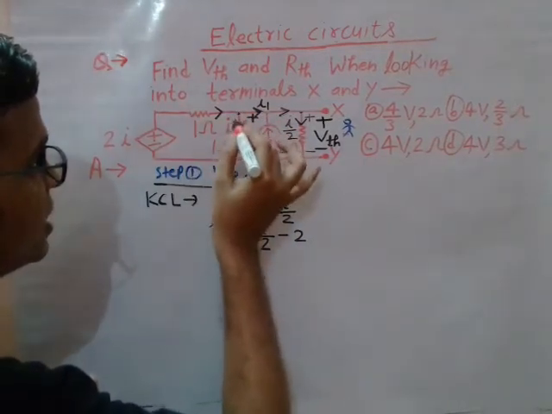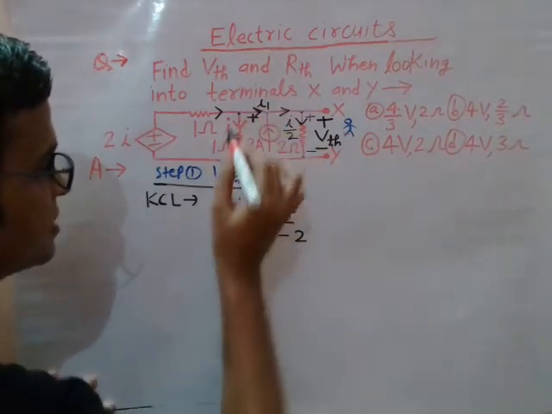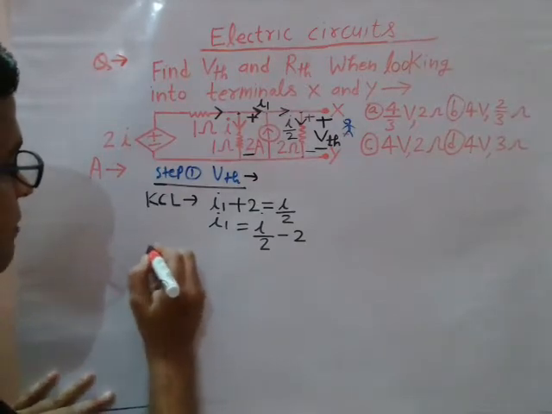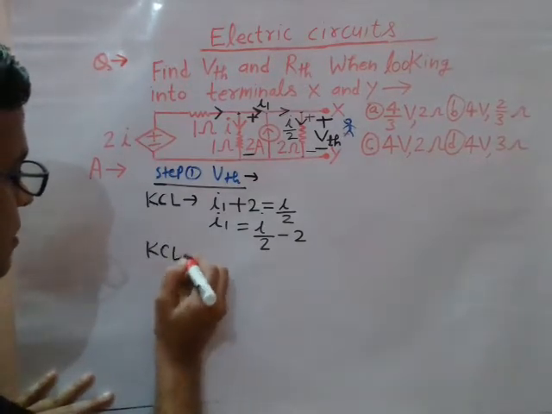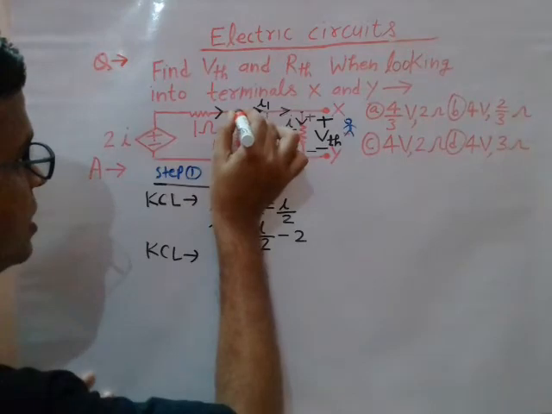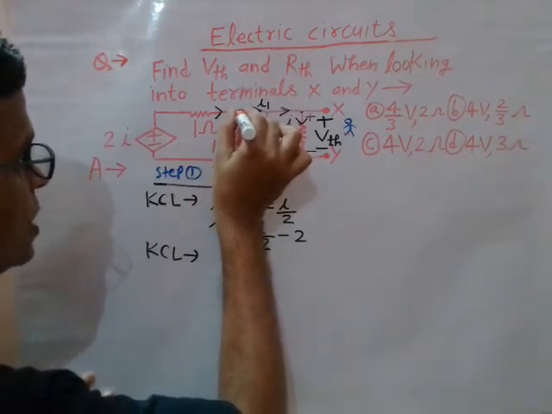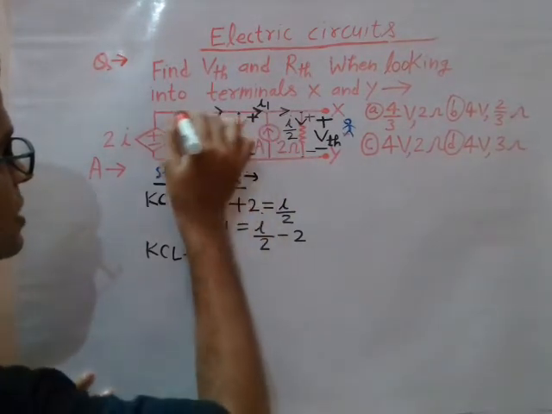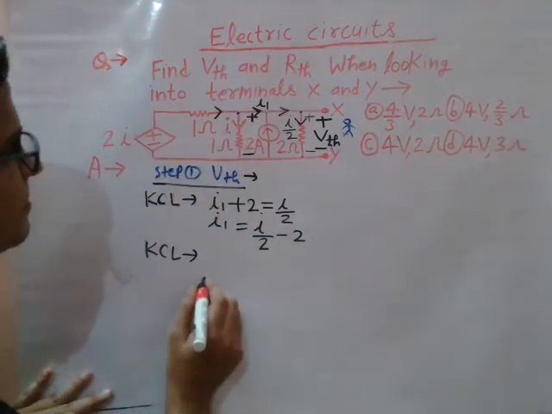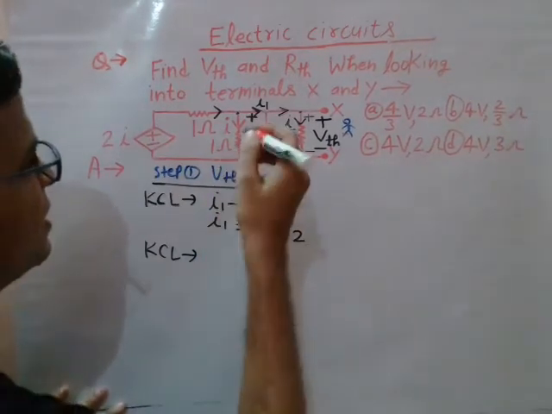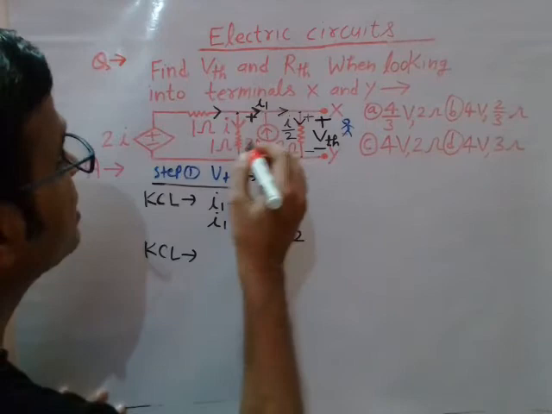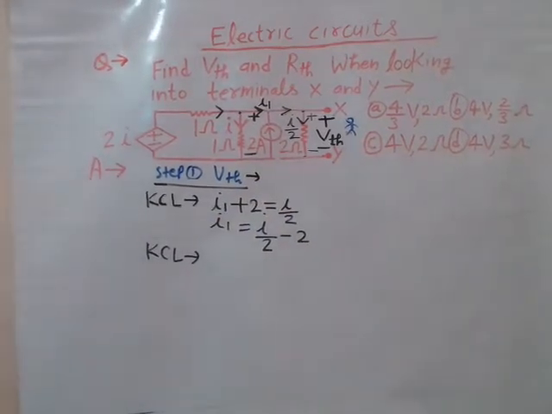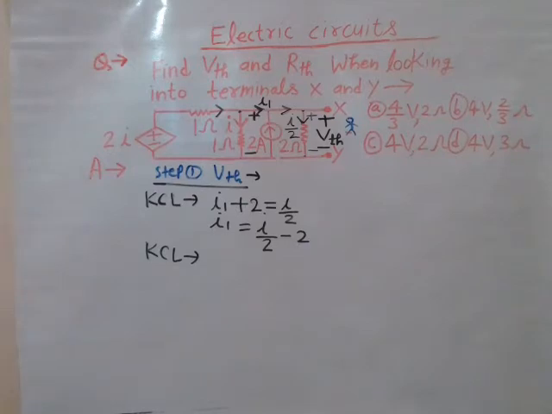So this current will be equal to this current plus this current. So here again I will write KCL at this particular node. I am applying KCL at this particular node. So this current is nothing but the algebraic sum of the outgoing current, right?